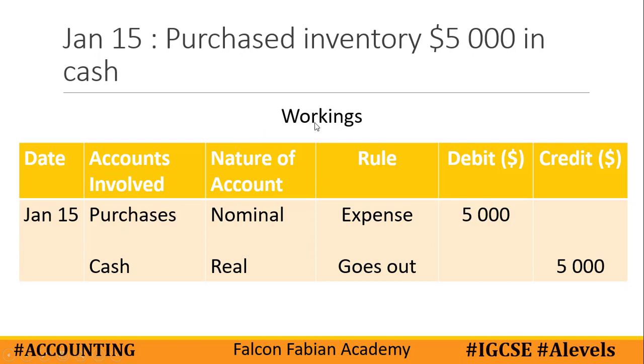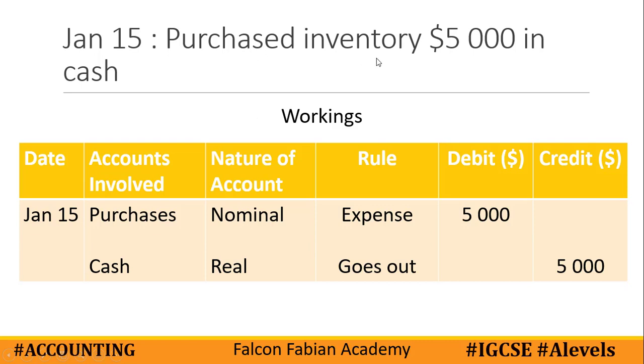This is your workings or your rough work which you would do before you record in the journal. I would recommend you to follow this for the first 25 to 50 transactions, as this will help you in understanding the concept well. So the date is January 15th.